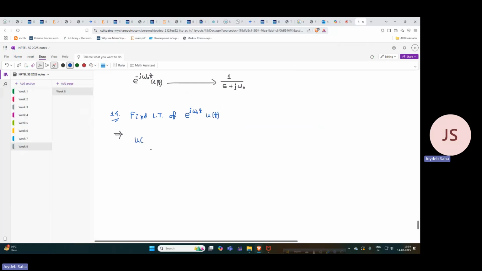We know the Laplace transform of u(t) is 1 upon s.